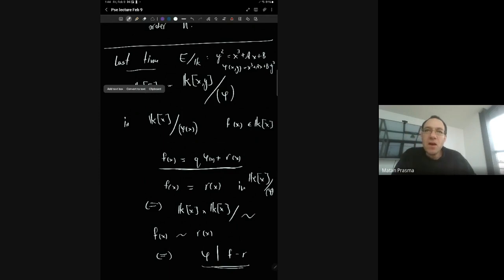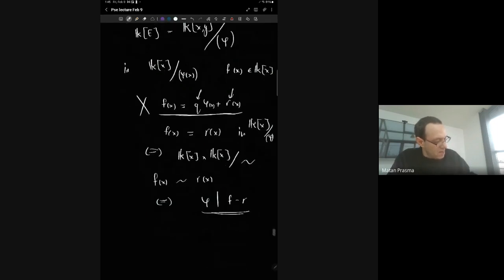I mean, there are some candidates for long division, but you never get uniqueness of the remainder and uniqueness of the quotient. So it's not well defined. But equivalence relations are a much more general notion, and they do apply here.